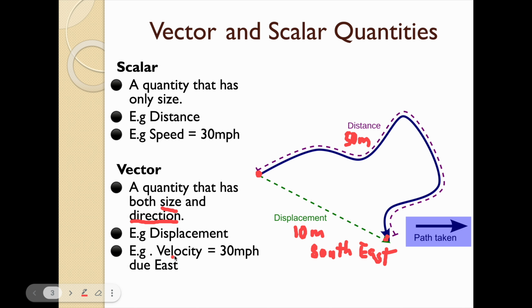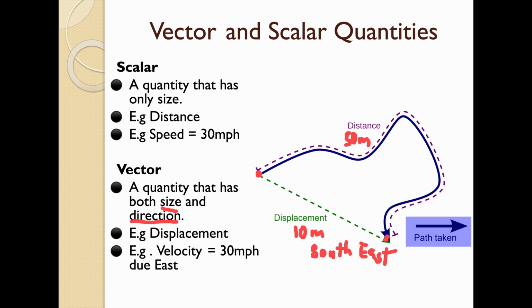Another example is velocity, which is 30 miles per hour due east. Think of it this way. If you're driving down the road and your car is going at 30 miles per hour, that's just scalar because you just know the size of the speed. But velocity is your displacement divided by time.